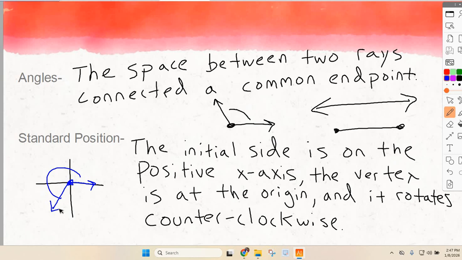Now I know we don't like to go counterclockwise. I was really interested in why we rotate counterclockwise when we measure. It's just standard notation, but I found out you can blame the Greek mathematicians, because when they were starting to look at angles, they didn't have clocks. They had sundials, and sundials move counterclockwise, the same way the sun moves.